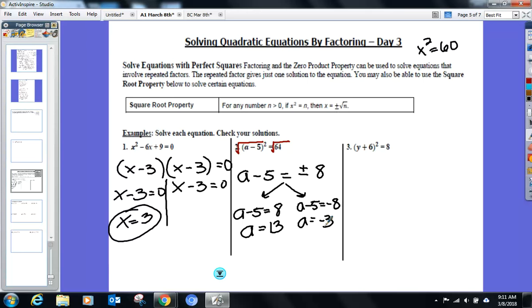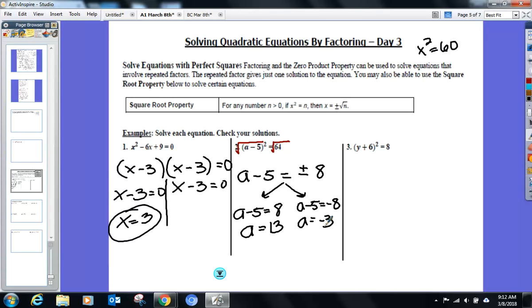Everyone have their calculators? Take 13 and store it in, for either X or A, it doesn't matter which variable.